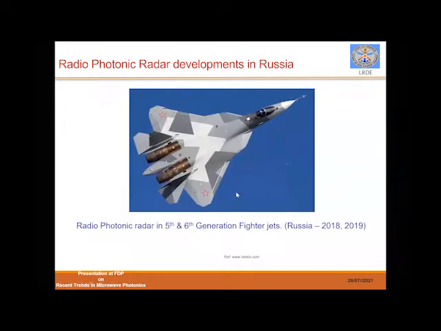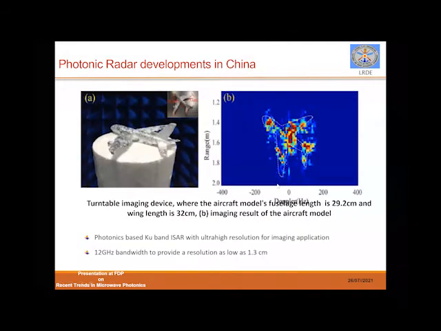This is a photograph of what is available in the open literature about the radio photonic radar in the fifth and sixth generation of fighter aircraft, reported in 2018 and 2019. And in this slide, I wanted to tell you one more important thing.